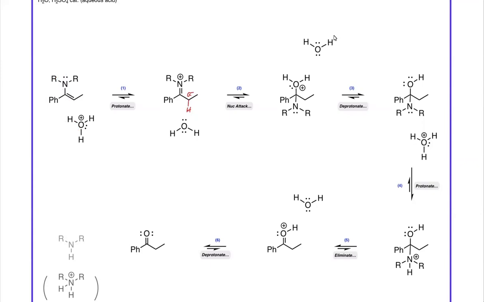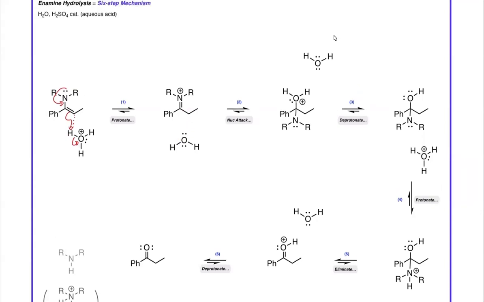Let's recap that arrow push. We need to collapse a lone pair from the nitrogen, forming the carbon-nitrogen pi bond, and then we're going to break the carbon-carbon pi bond, essentially protonating the alpha carbon in that step. Now that we've protonated the alpha carbon and we have this iminium-ion intermediate, water will attack and break the pi bond. We then need to deprotonate the oxygen atom, making that neutral. We're at the hemi-aminal.